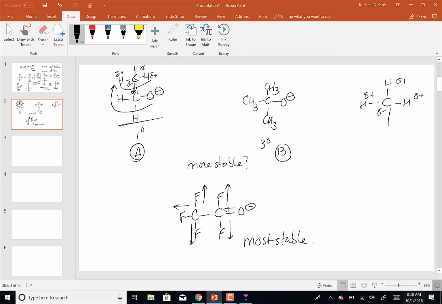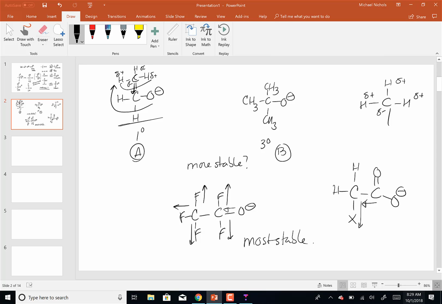If I put a halogen onto an alcohol, that's going to make that alkoxide, the conjugate base, the most stable. And we saw that a week ago, when we substituted a halogen onto, let's say, an acetic acid, then the halogen was pulling electron density away from the CO-.